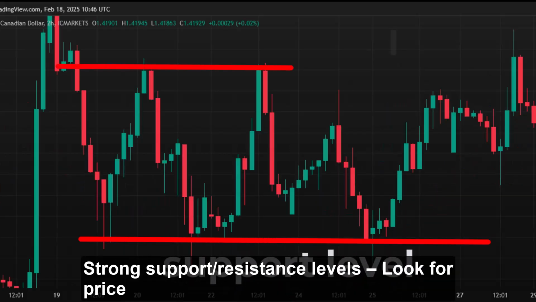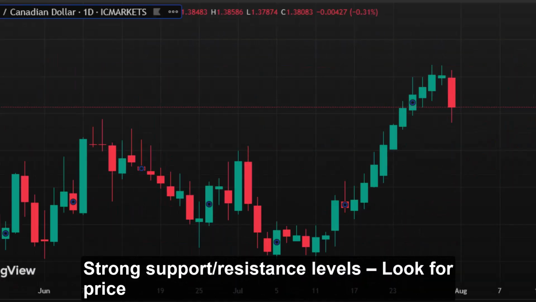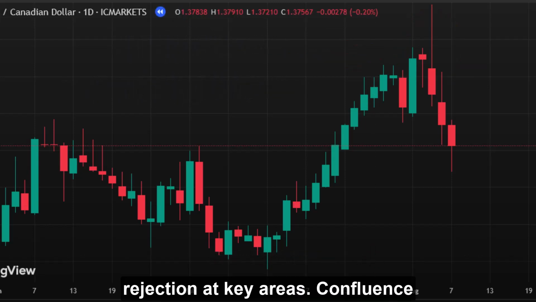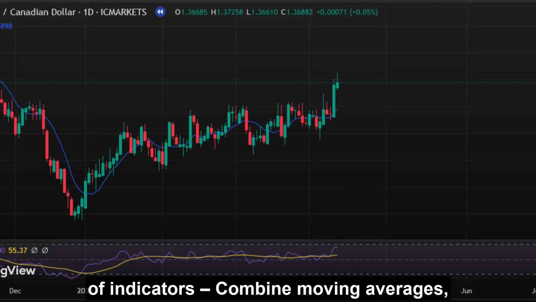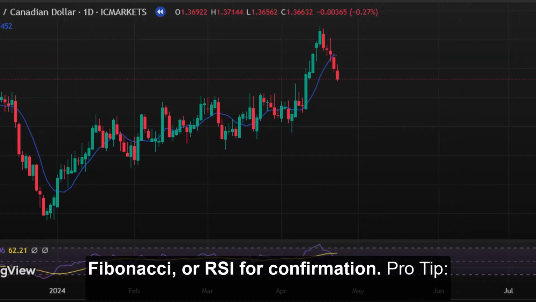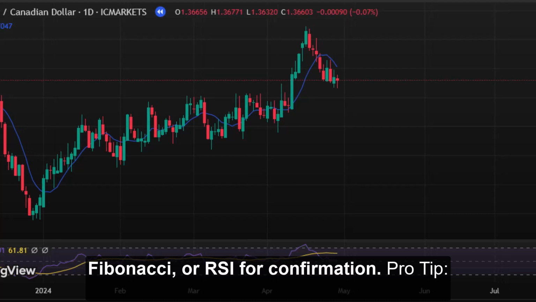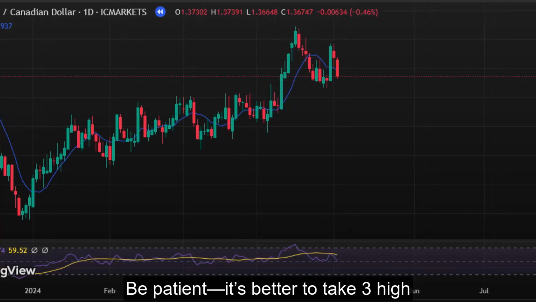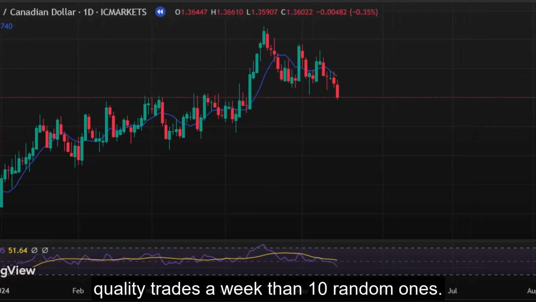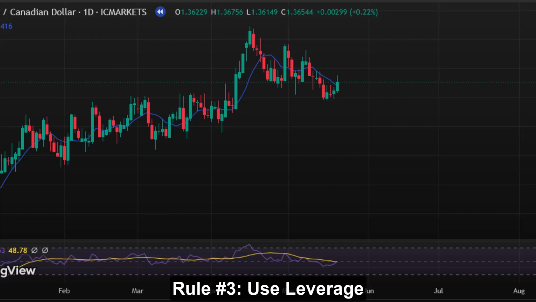Strong support and resistance levels: look for price rejection at key areas. Confluence of indicators: combine moving averages, Fibonacci or RSI for confirmation. Pro tip: be patient. It's better to take 3 high quality trades a week than 10 random ones.